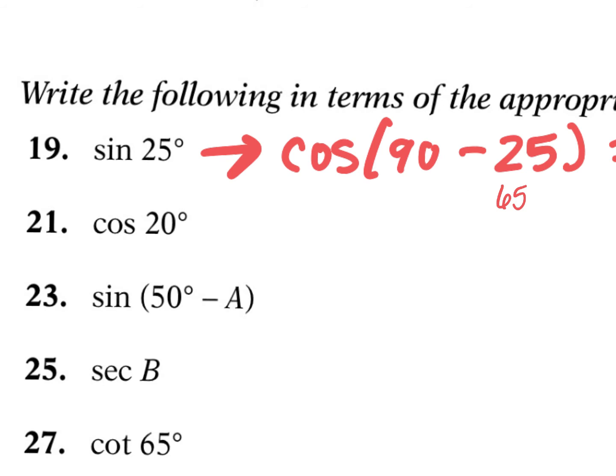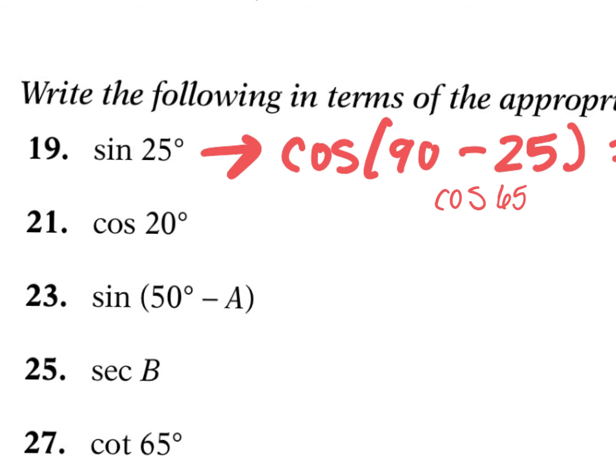So your final answer is cosine of 65. On the test, it's going to be worded just like this: write the following in terms of the appropriate cofunction. So you need to know that the cofunction of sine is cosine, tangent is cotangent, secant is cosecant. And then you subtract from 90.